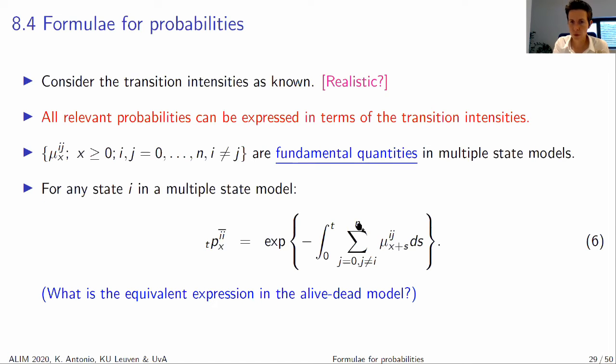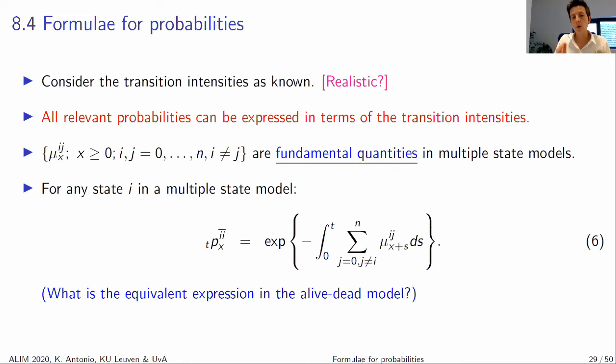And this total force, that's the sum over all j different from i of the transition intensities mu ij at x plus s, and then you take the integral over all time points s between 0 and t. Yeah, so that's a very important first expression, and we're going to derive it right away.